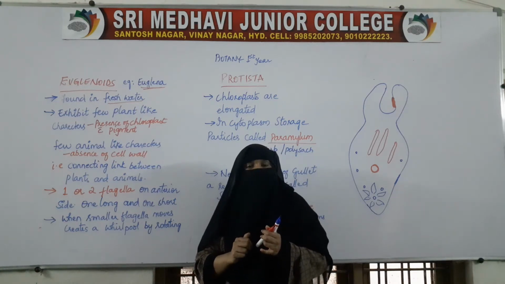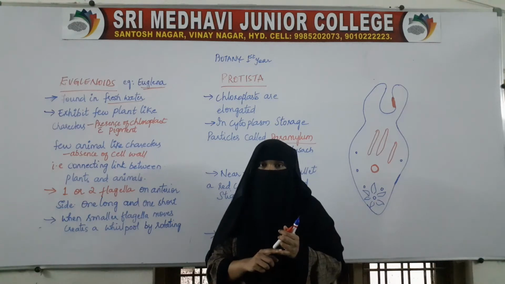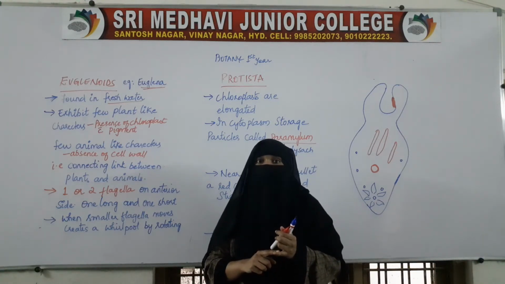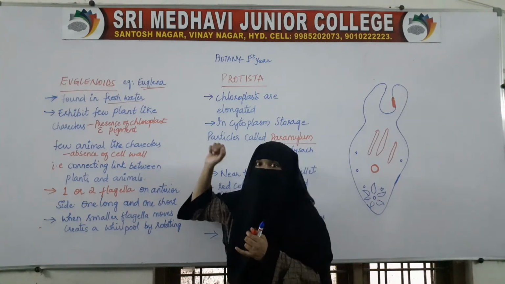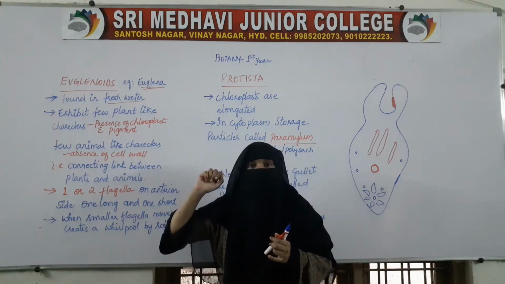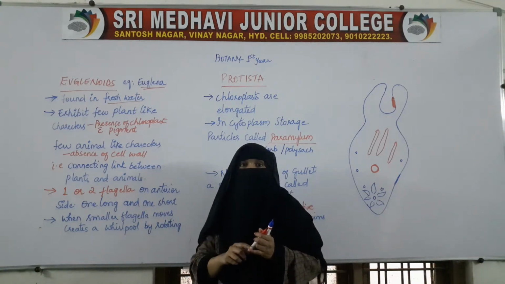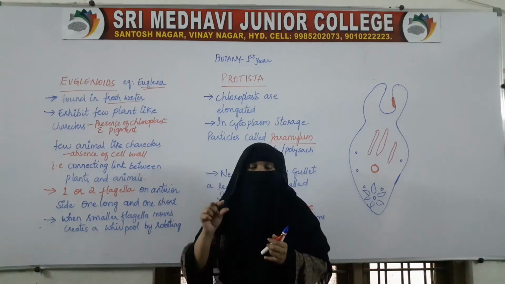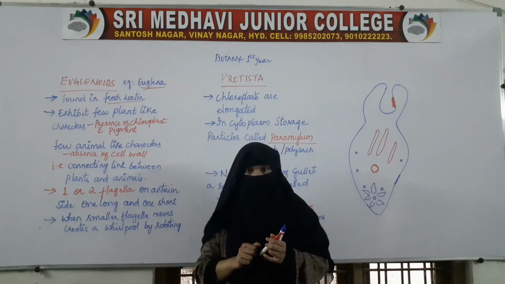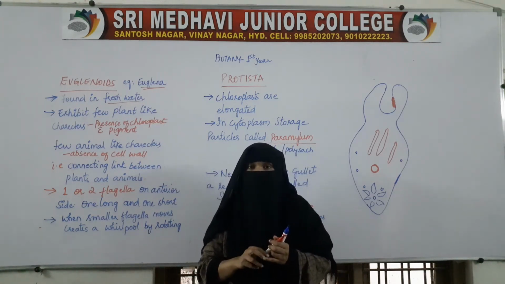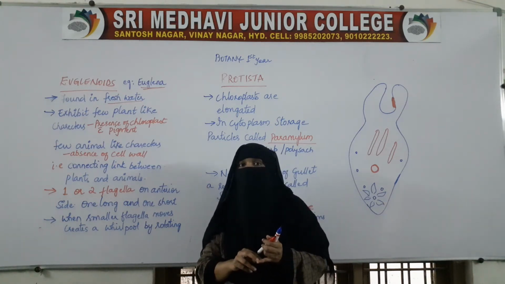For example, presence of chloroplast and chlorophyll. We find chloroplast and chlorophyll only in plants. Here in this Euglena, we find chloroplast as well as chlorophyll pigment. So, it is a plant-like character present in Euglena. And for animal-like character, we have discussed that animals lack cell wall.